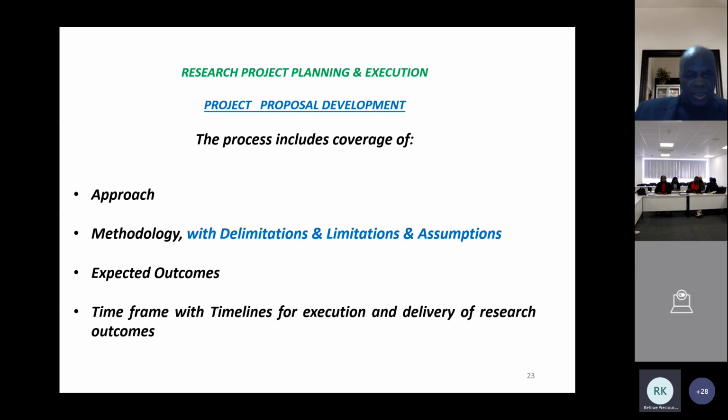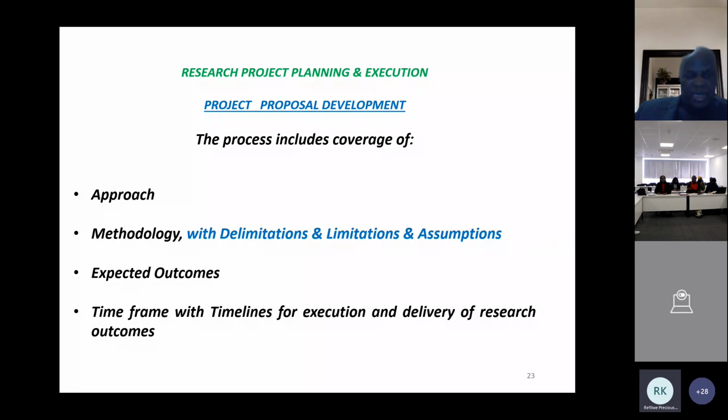And the methodology has links with delimitations, limitations, and assumptions. And then, of course, after all this, we follow up with expected outcomes, which are anticipated after doing all what we have described up until now.